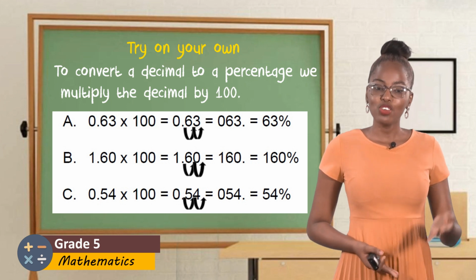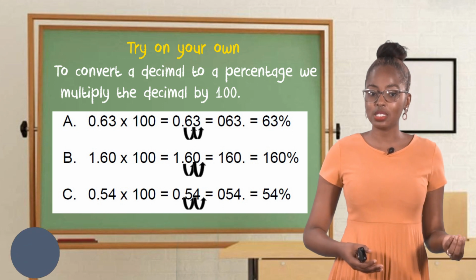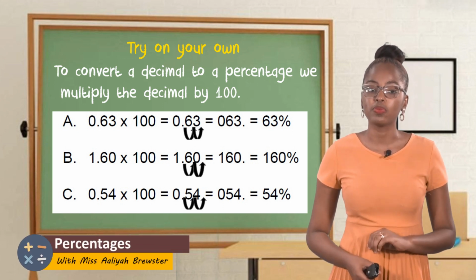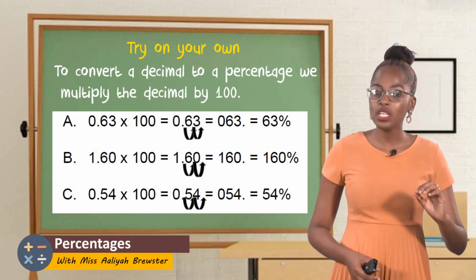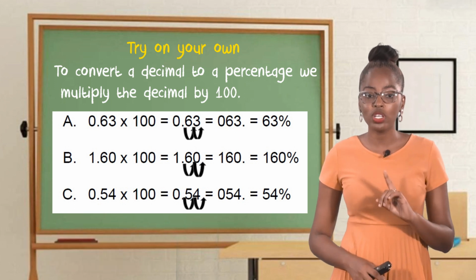Let's check. Remember, to express a decimal as a percentage, we multiply that decimal by 100. To do this, we simply need to move the decimal point 2 places only.